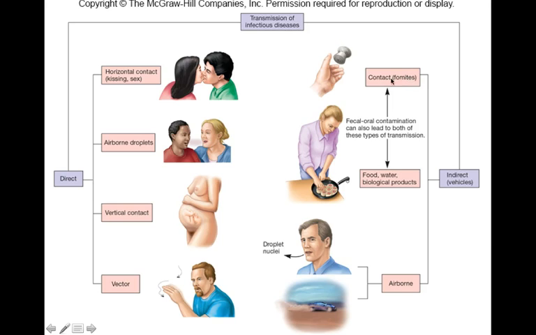And so they can be through contact with fomites, so things that have microbes on them. And this is a picture of a door handle. It could be a towel, so towels at the gym, things like that. It also could get indirect transfer from food or water, or could be airborne. And so you can get microbes that exist in the air.